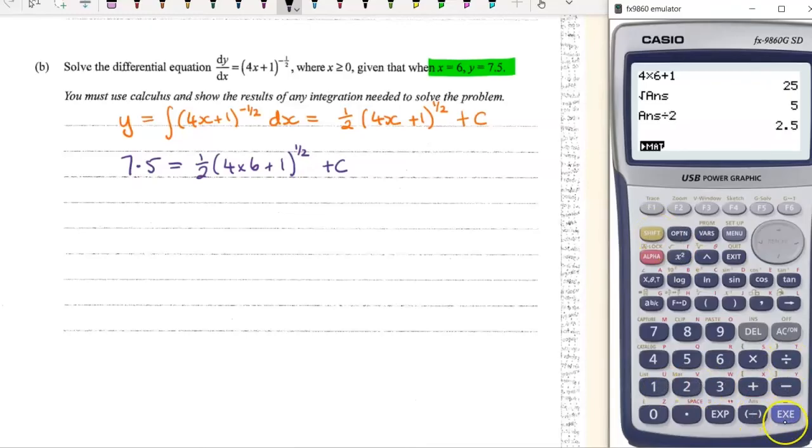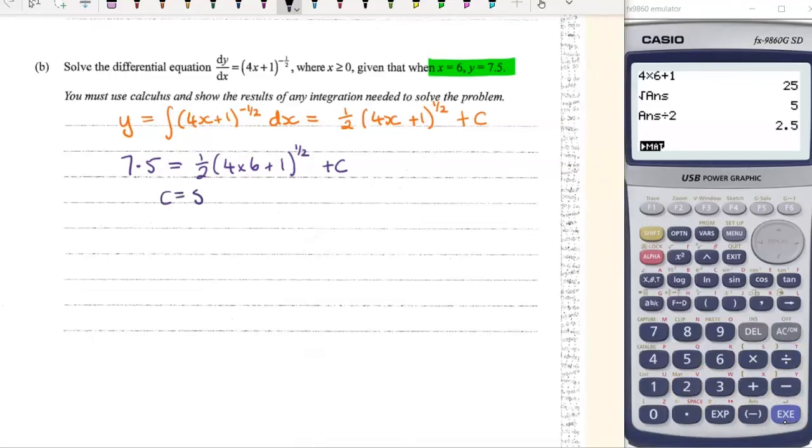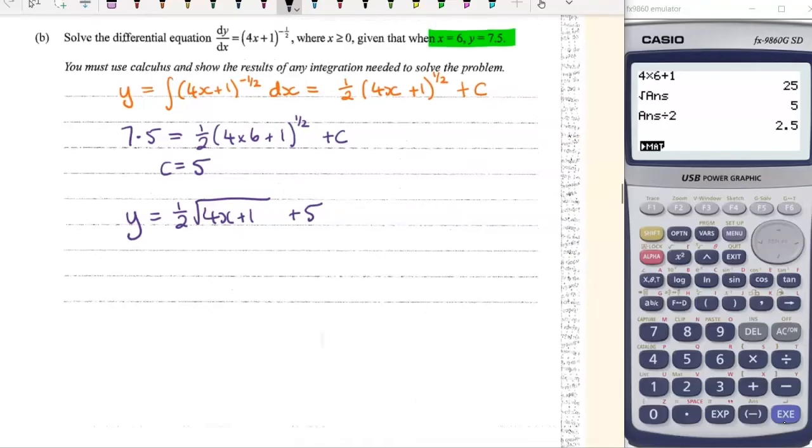Divide it by 2, and we will get that c must be 5. So y equals a half 4x plus 1 to the half plus 5. Or if you wanted to write that in square root form, we would have a half times the square root of 4x plus 1 plus 5. Either way is fine.